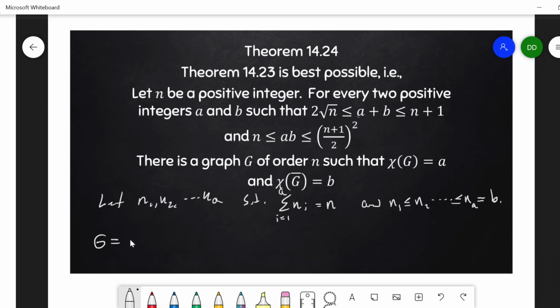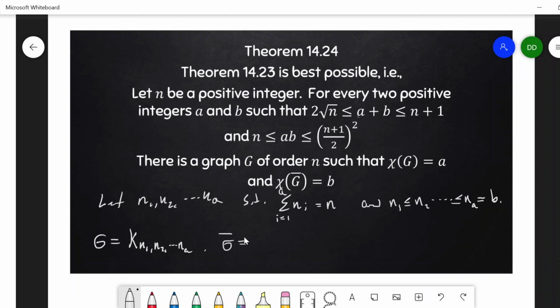And then the graph that achieves this is G, setting G equal to the complete a-partite graph with partite sets n1 up through n sub a, and remember n sub a is equal to b. So here's my graph G. That means its complement will be, each of these independent sets will become a complete graph in the complement.